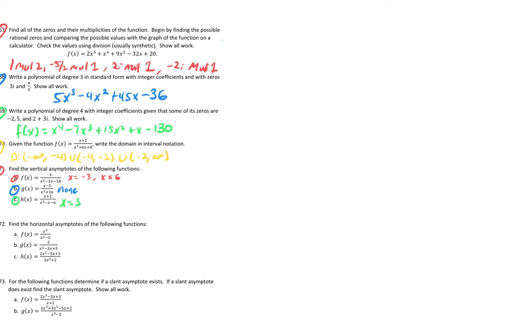Okay, horizontal asymptotes for question 72. We are going to compare the leading coefficients after we have compared the powers. So this one has x to the third, and the highest power here in the denominator is x squared. So there is no horizontal. B, 2 over x squared minus 3x plus 5.